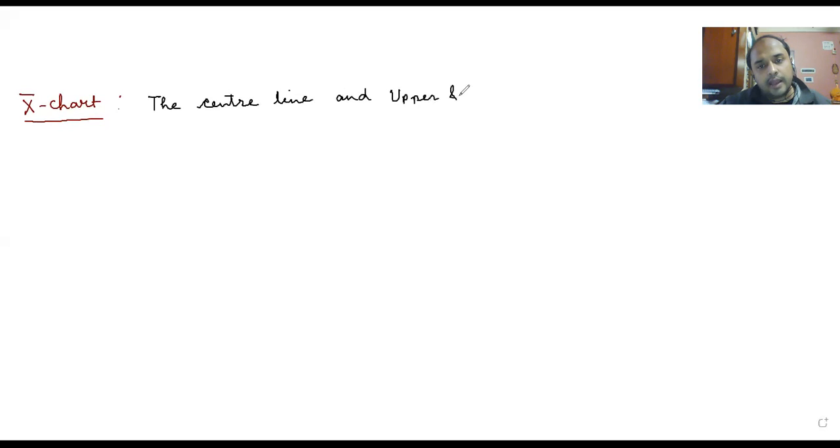So my X bar chart goes like this. The center line and upper and lower control limits for an X bar control chart are, let me write the formula.